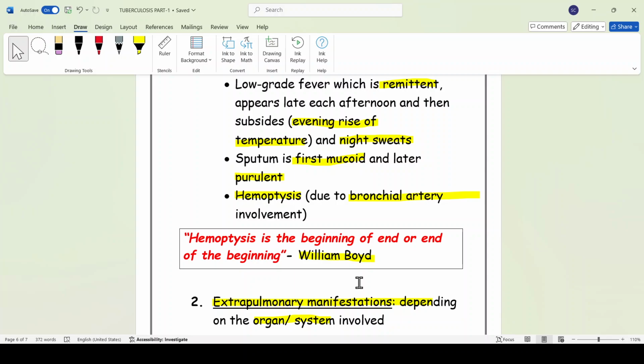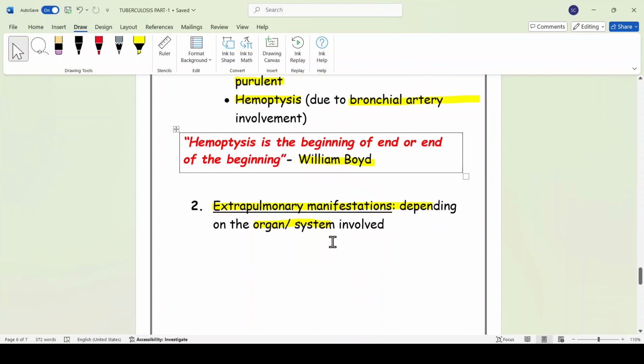If a person is showing hemoptysis, that means the TB in that person has already progressed to such an extent that it has become a very concerning factor. Okay, so hemoptysis is a very important feature in case of TB.